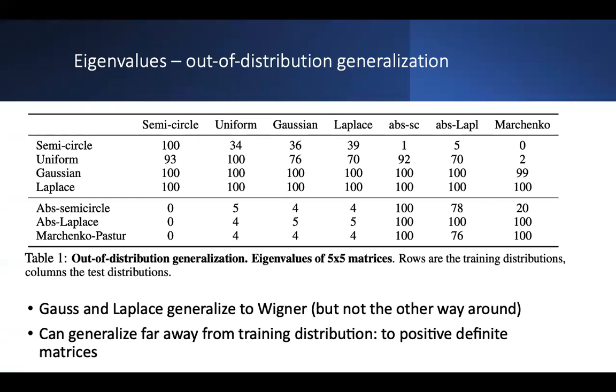Okay? But the funny things are those 2 distributions, the Gaussian and Laplace. Those are matrices which have been built so that their eigenvalues follow a Gaussian or Laplace law. So they have symmetric eigenvalues. Almost none of them are positive definite. But you can see that if you train on those data, you generalize to Wigner matrices and even to positive definite matrices.